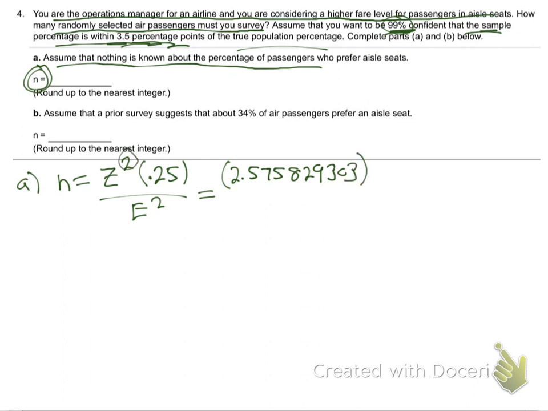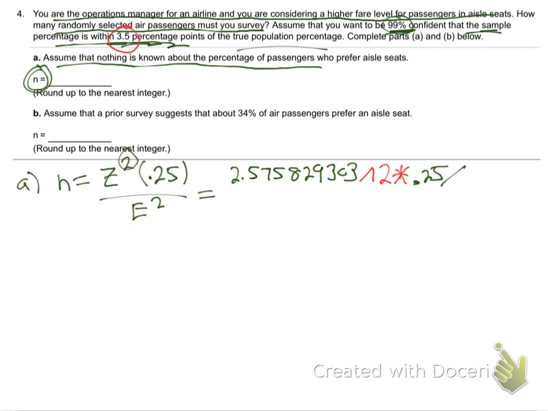Now it says squared. How do you do that in the calculator? Forget about these parentheses, you don't need them. You do up arrow 2. I'm going to show you exactly how you enter this on the TI calculator. Up arrow 2, and then times the 0.25, and then divided by, just hit the divide button, and then the E, what's the E?